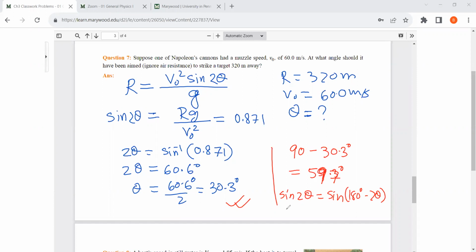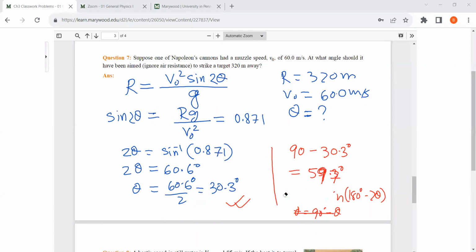What it means is that, in this case, theta is equal to 90 degree minus theta. So you don't need to remember all those things if you don't want.